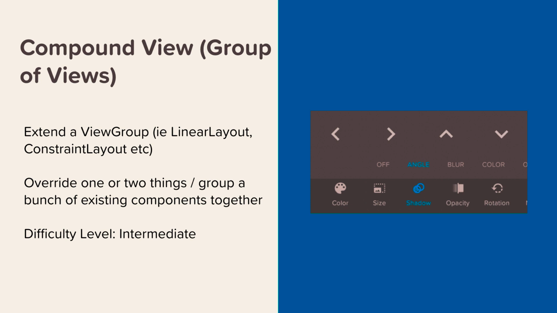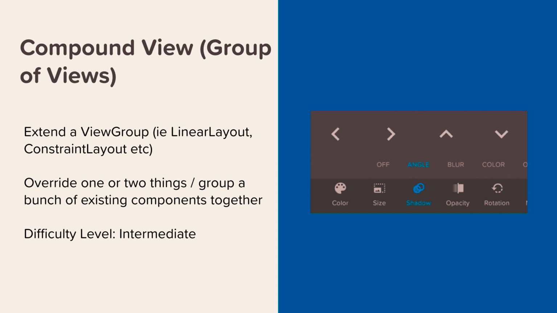But these 4 views, we could maybe reuse in a different portion of our app. Maybe we wanted to have this exact same component with 4 buttons on every screen. So we could create what we call a compound view, which contains these 4 buttons in it.